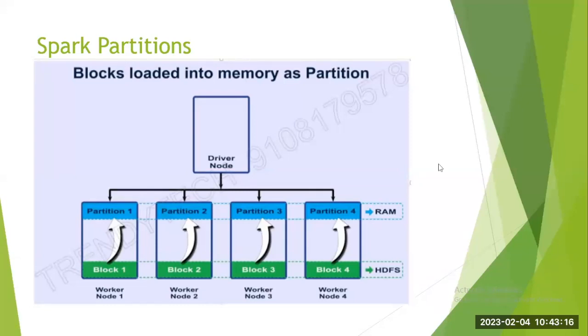As I said, RDD is nothing but the way to read the data. Suppose we are dealing with the HDFS storage system. In HDFS we have blocks, block 1, block 2, up to different blocks on different data nodes. As we initially discussed, Spark is in-memory processing, so it processes all the data in memory. Before processing the data, it moves the data from the storage layer, or disk, to RAM, which we can say is the memory. Our HDFS data is on disk, so before processing it will move data from disk to RAM.